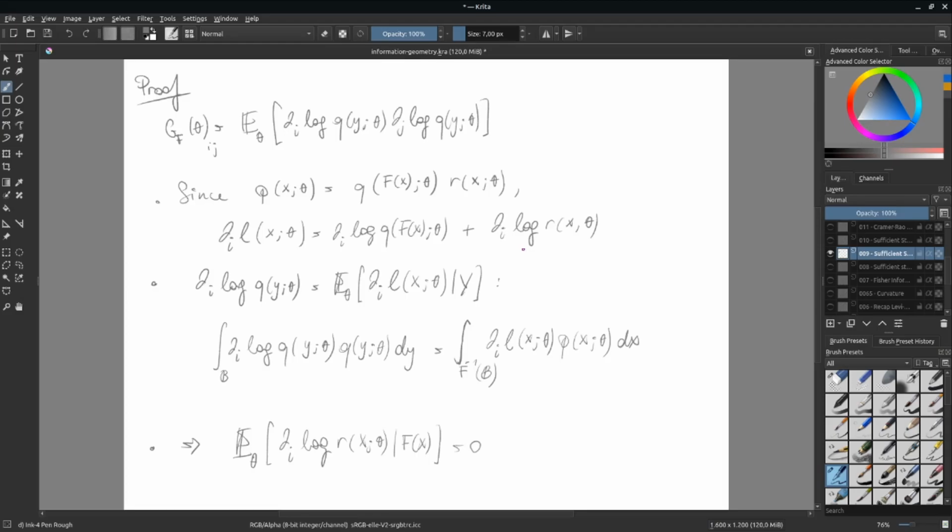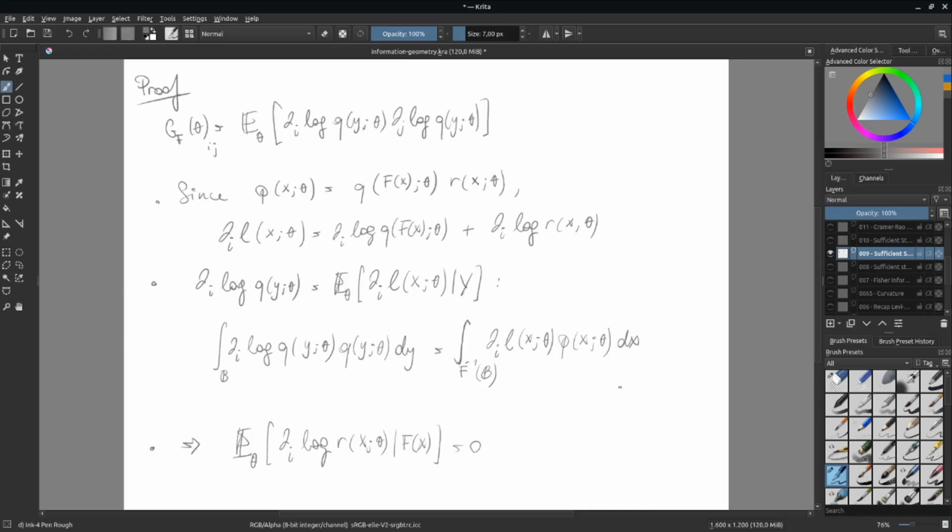And then when we take the derivative, that still works. Another point is that, taking this expression, the derivative along j of the log of q, that's actually the same as the expectation for theta of the derivative of the log likelihood conditioned on y.